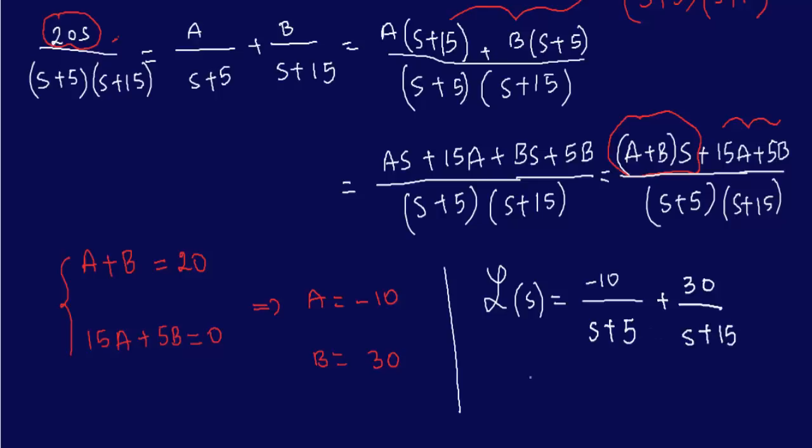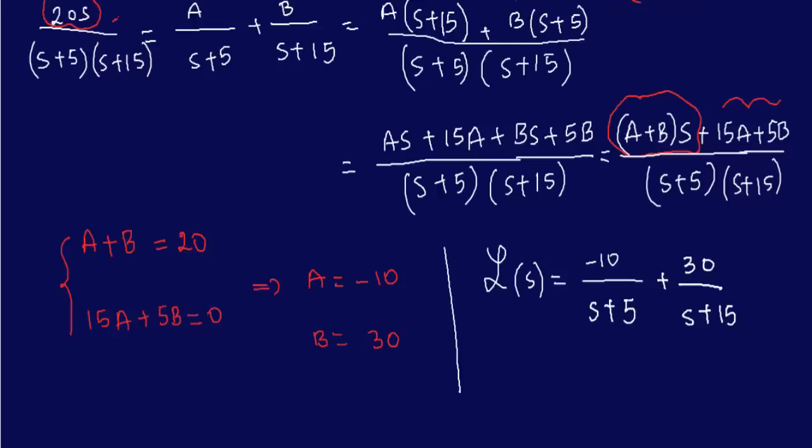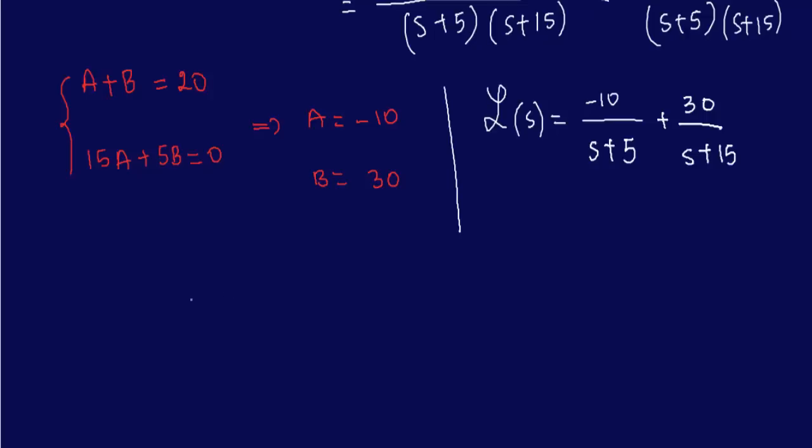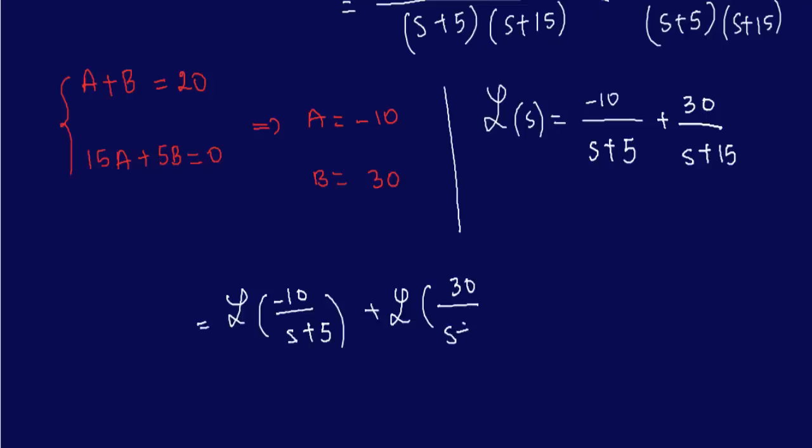So you can go ahead and use our table from here, because we had already simplified it. So we have Laplace of minus 10 over S plus 5 plus Laplace of 30 over S plus 15.